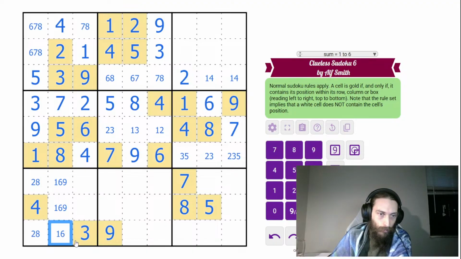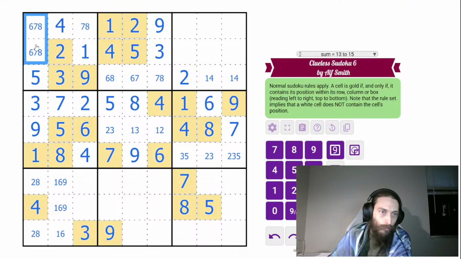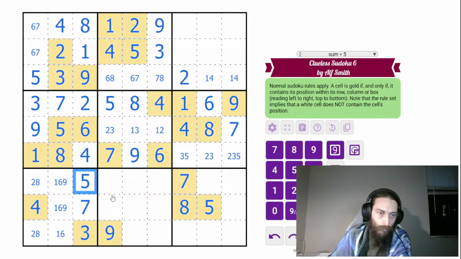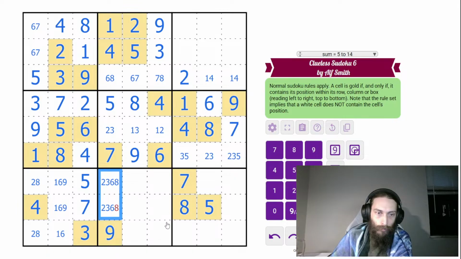I'll take 6 out of those. And then 6 ended up being forced up there, along with 7. Oh, I guess 2, 8 makes that a little clearer. 7, 5, 2, 3, 6, 8. That's position 4, position 1.